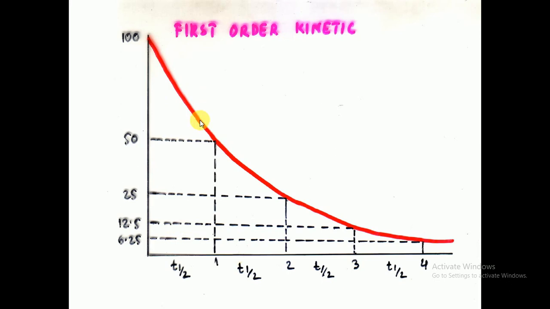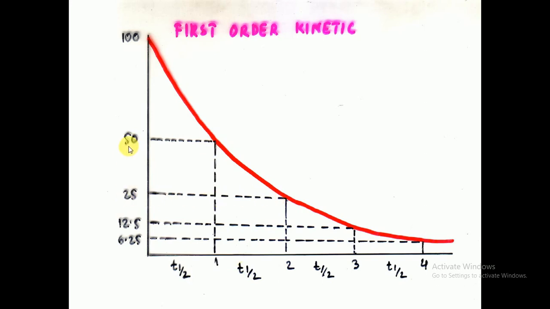We have already discussed half-life: the time required for the peak plasma concentration of a drug to be reduced to 50%, half of its original concentration. So after one half-life the concentration of the drug will be reduced to 50%, while after the second half-life it will be reduced to 25%.